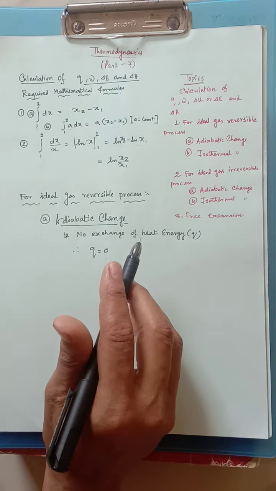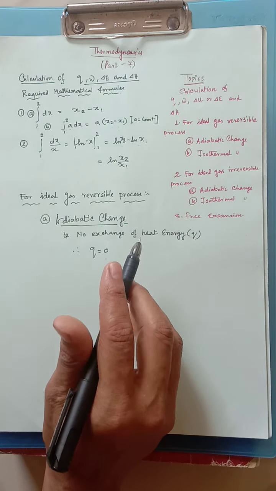Obviously the result will be, as I mentioned in the formula, dx gives x2 minus x1, so it will be E2 minus E1, and that will be Cv times T2 minus T1. Therefore delta E equals Cv times T2 minus T1. So this is the calculation for delta E here.